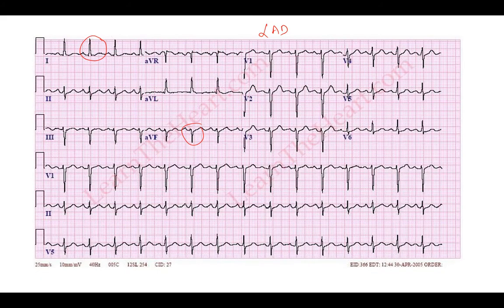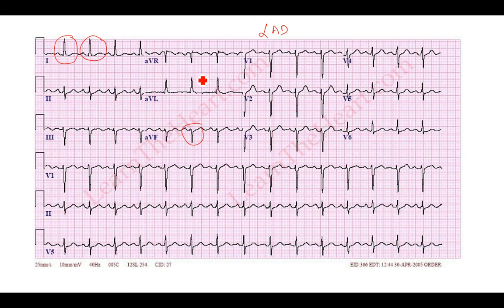And what is the second highest QRS complex? Find out the second highest QRS complex. The second highest QRS complex is AVL.